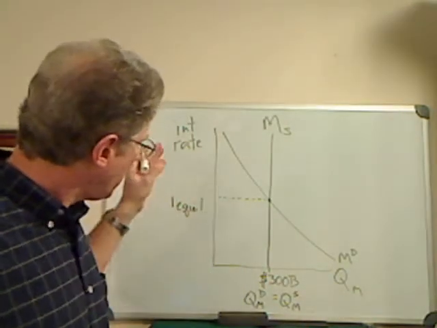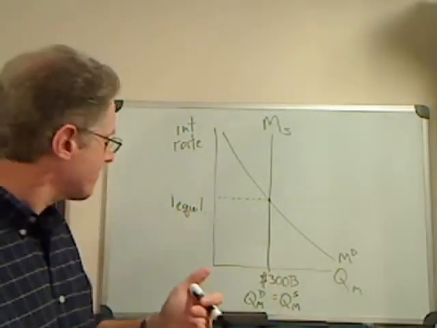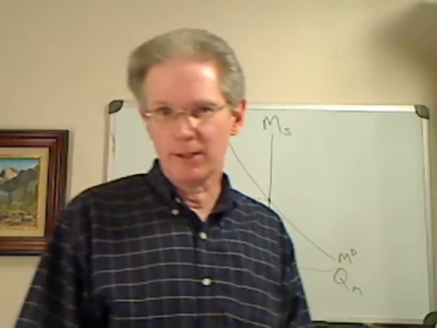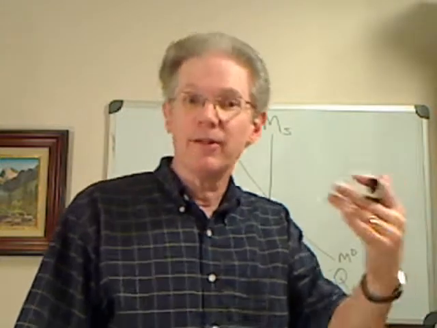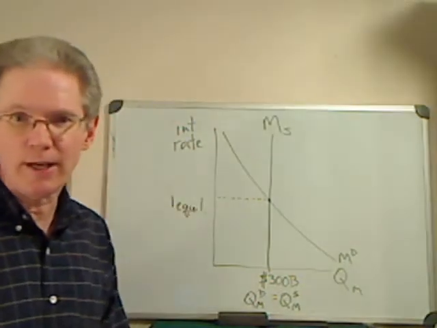It's at that intersection. Every time we develop a model, we determine where's the equilibrium, but just as important, we have to ask, are there forces here that will push us to that equilibrium? Simply having an equilibrium is not that important if there's no reason to think we're going to move to that equilibrium.